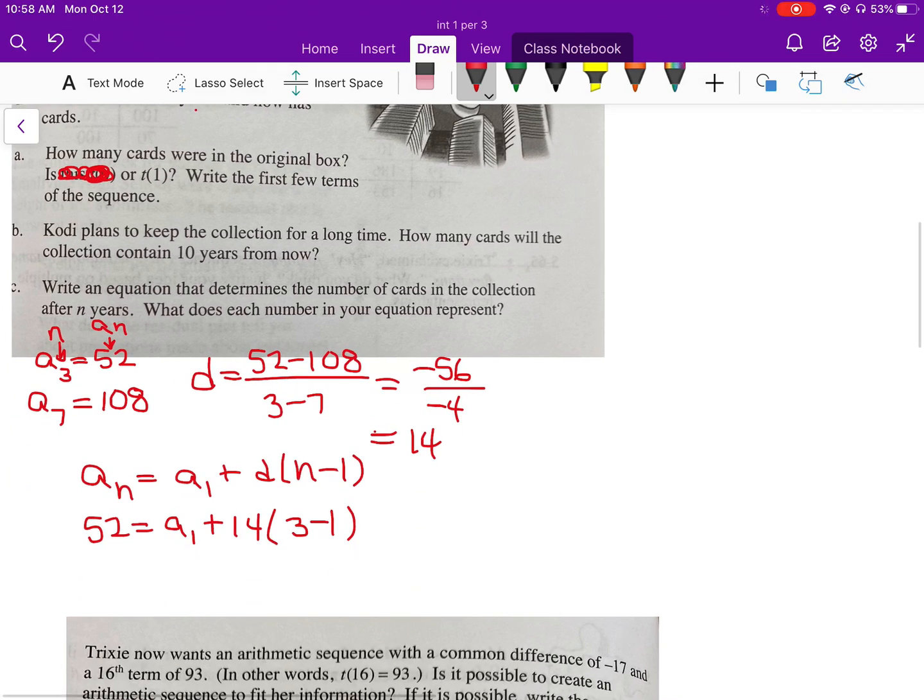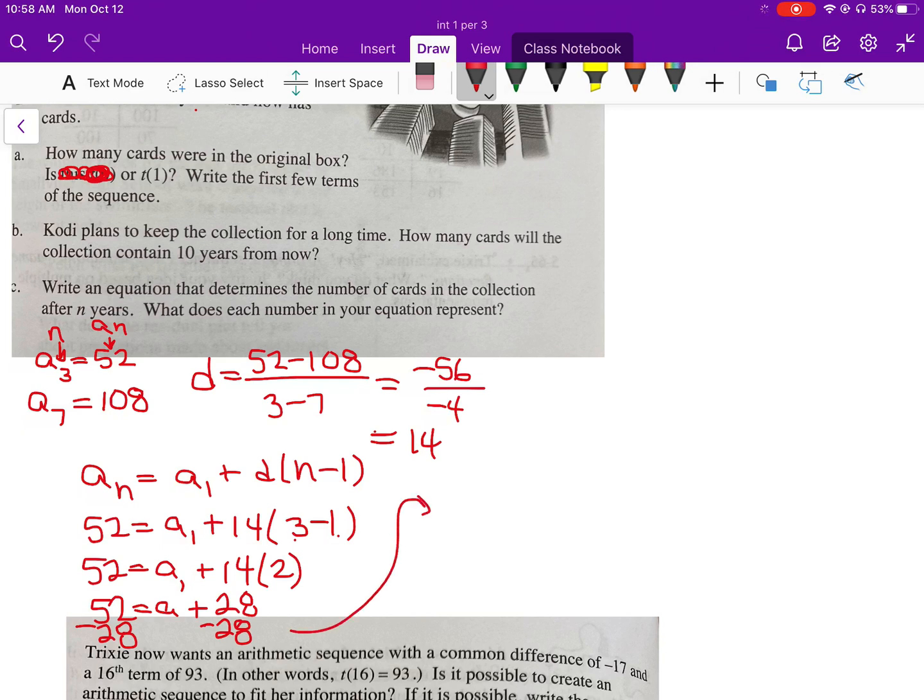Now I get 52 equals A sub 1 plus, what's 3 minus 1? 2. So it's 14 times 2. 14 times 2? 28. Minus 28. And 52 minus 28?